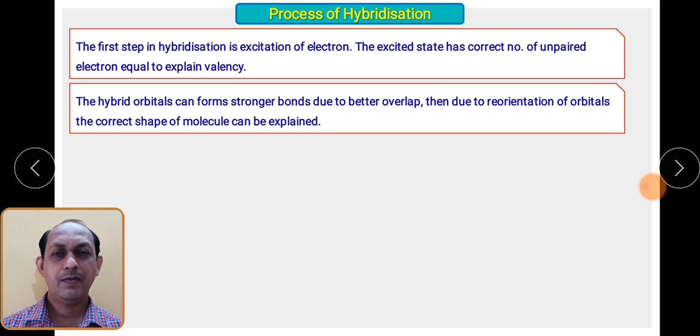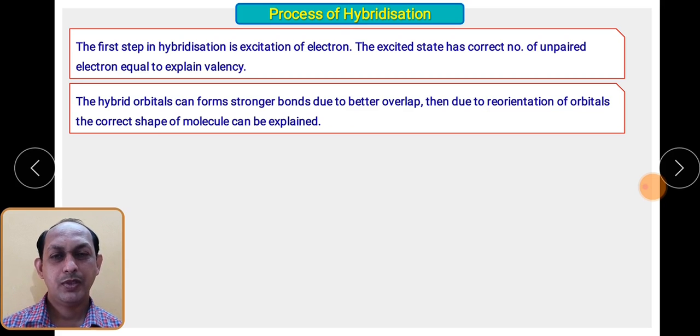After the mixing, the molecule has a definite shape related to its geometry, such as trigonal or tetrahedral. So a definite geometry can be explained. With the help of geometry you can also explain how the bonding process is involved and what the bond angle is between the two atoms.